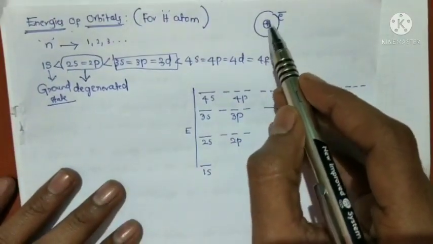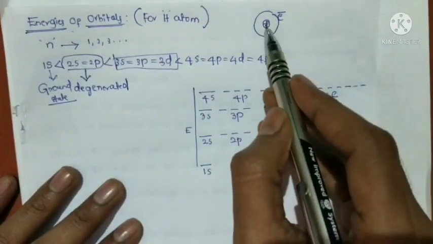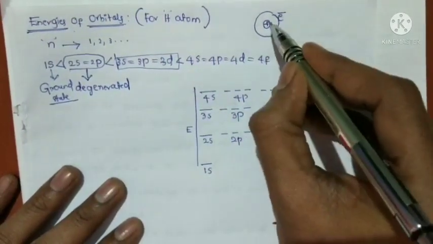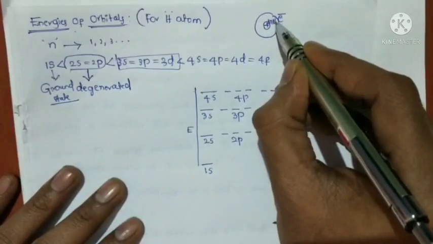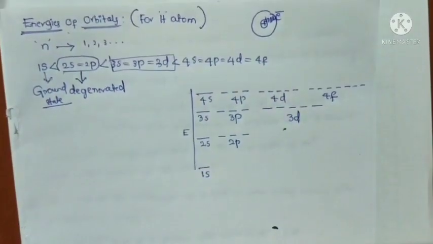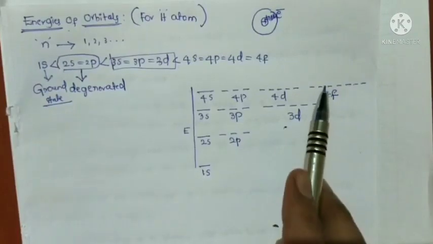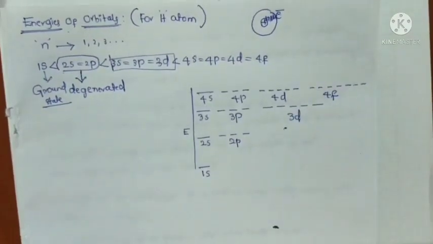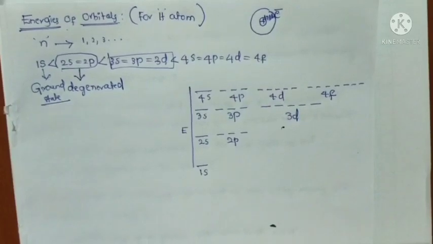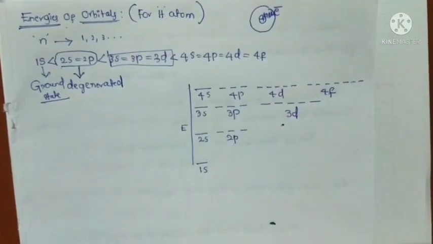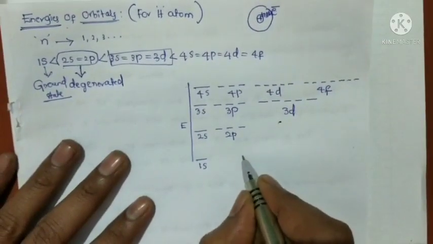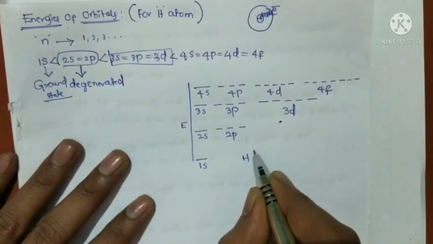Only one attraction force between the nucleus and the electron is there. That's why, even if the azimuthal quantum number is different, those orbitals have the same energies. Here 2s and 2p. This is applicable for hydrogen-like atoms or the hydrogen atom.